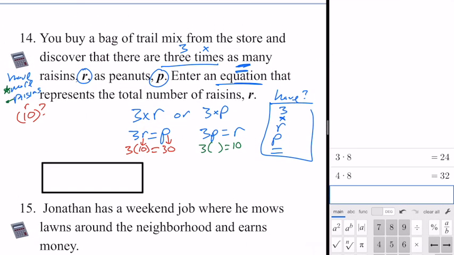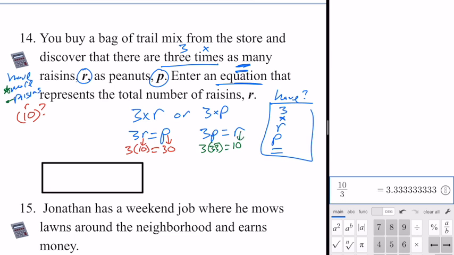It's basically 3 1/3, so 10 divided by 3, 3.333333. So again, is my R bigger? Yes. So my equation in this case is going to be that one. So I'm going to have 3P equals R.